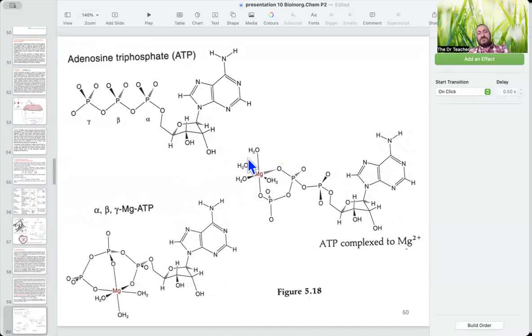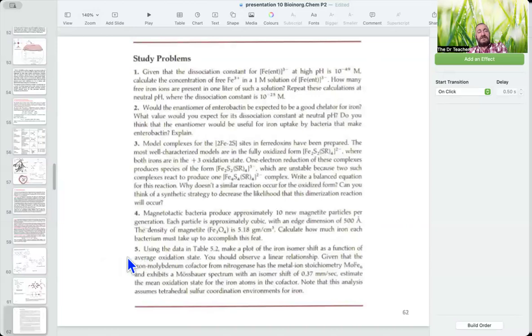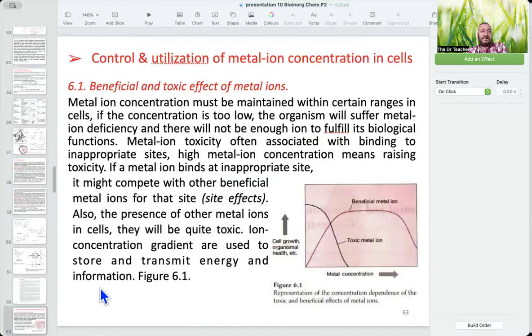You can see the magnesium bound to the ATPs, and we can introduce the molybdenum cofactor here, proposed structure, and now we have here the structure of the iron molybdenum cofactor and molybdenum iron protein. So all these in biology being prepared as models as well.